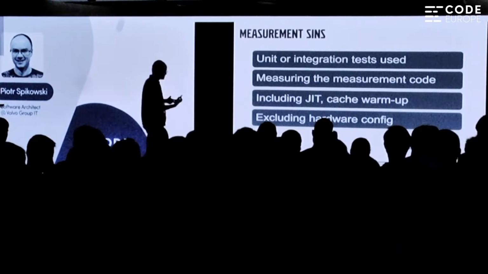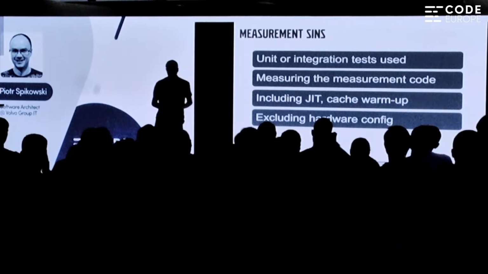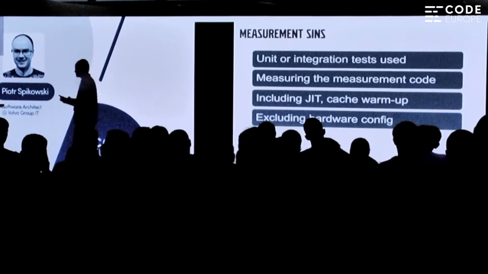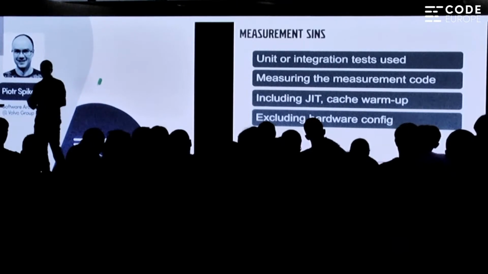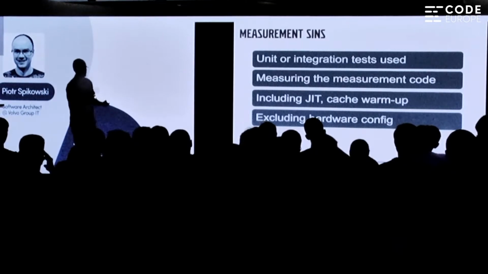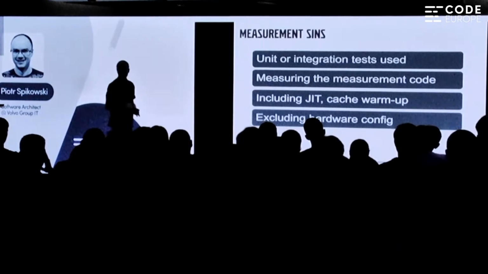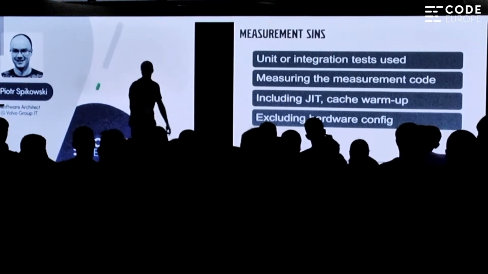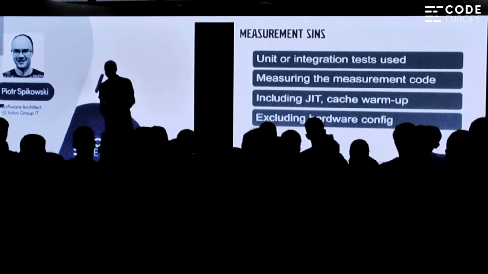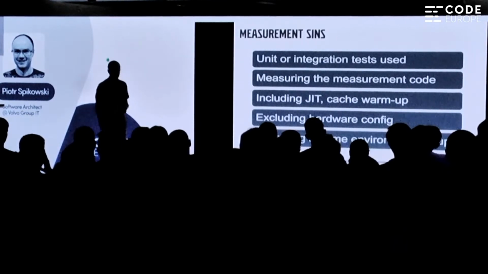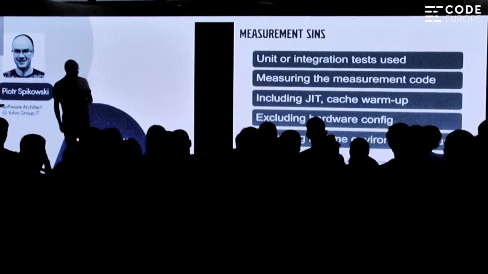We have a tendency to ignore hardware configuration, meaning that two devs still talking to each other, and one is saying, this is running quite fast, but the other is saying, no, that's extremely slow. But do they really compare on the same hardware? One might be running on a laptop and the other one might be taking figures from a server. So ensure that you have a stable environment used to really compare things.